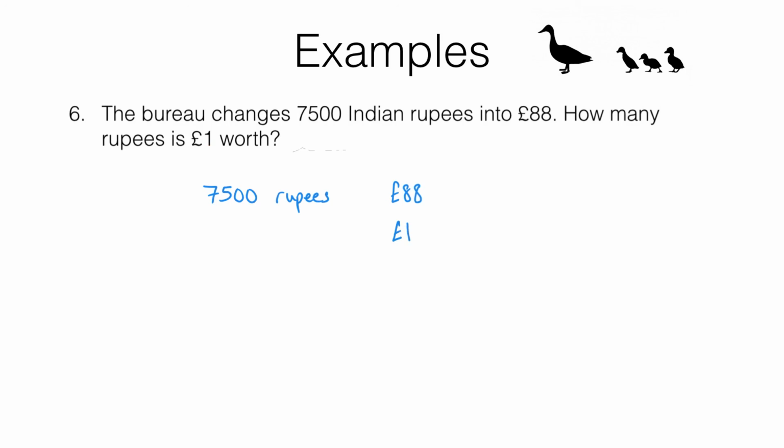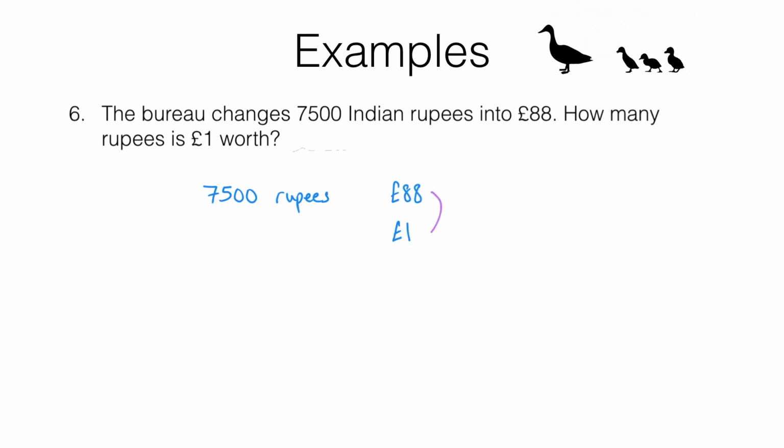Now, this is an example where it is easier to work downwards than to work across. Going across, I have to think a little bit to work out what I need to multiply 88 by to get to 7,500. But I don't have to think very hard to work out what I'm doing to 88 to get to £1. What do I need to multiply or divide by?